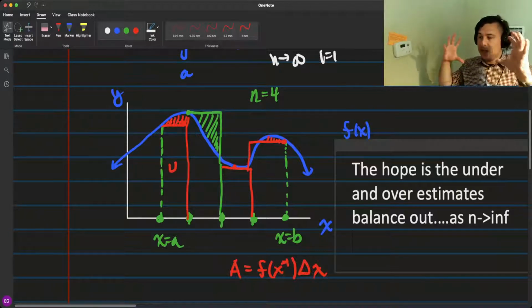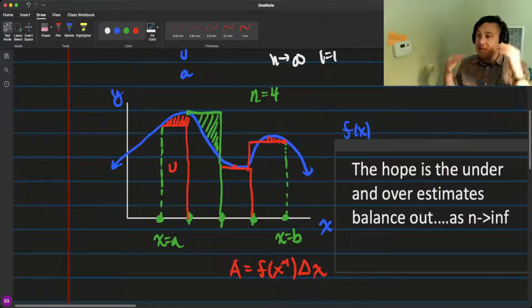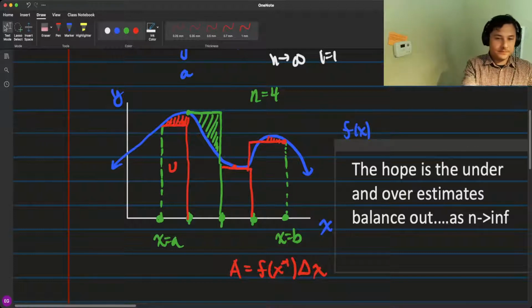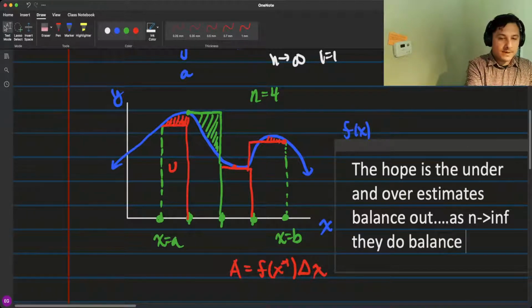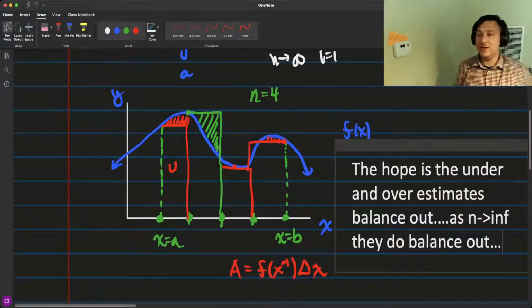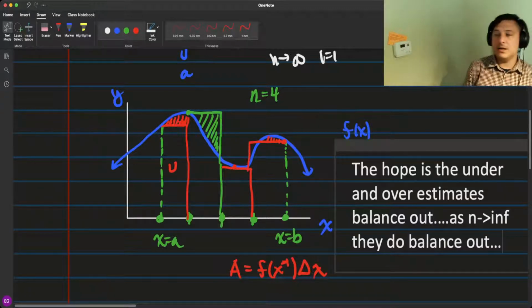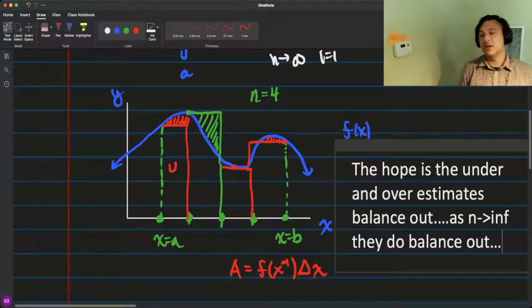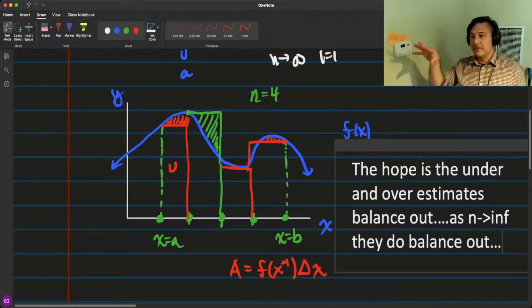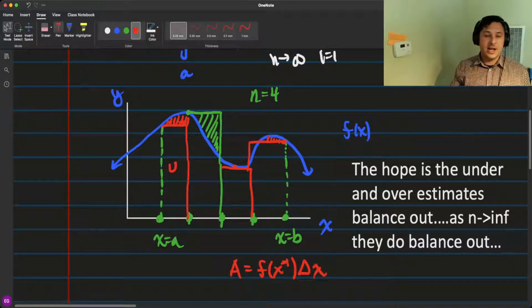As the number of rectangles gets really big, they have to balance out, right? But if you're solving this numerically, you don't usually have the option of just letting n go to infinity. You're just going to choose some large n, like n equals 1,000.